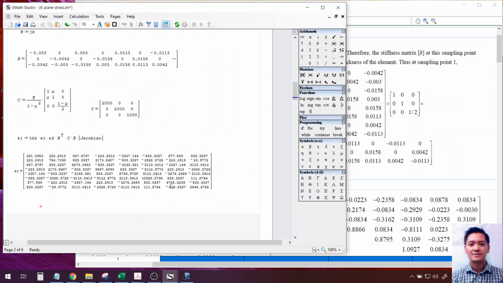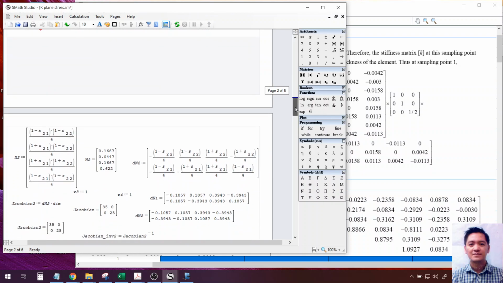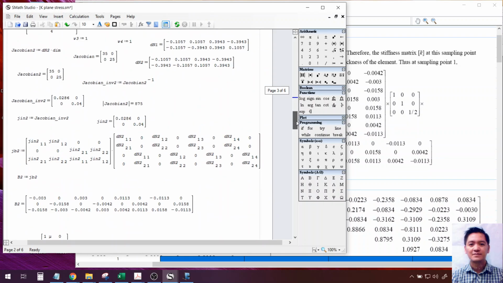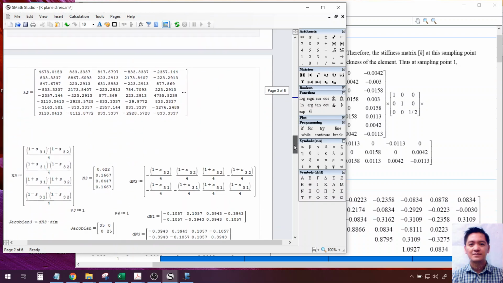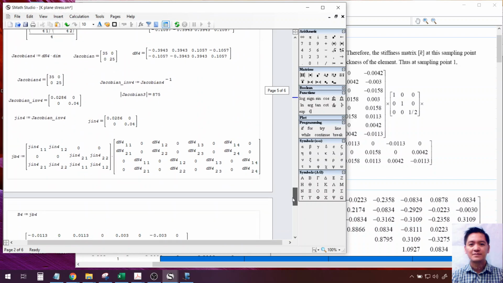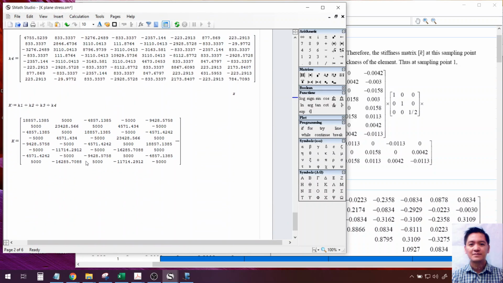K1 pa lang yan, because ang ginamit pa lang natin dyan, yung una nating sampling point. Now, you will repeat the same process 4 times. May K2 ako, may K3, may K4, and then add them all up. And that is your final K.